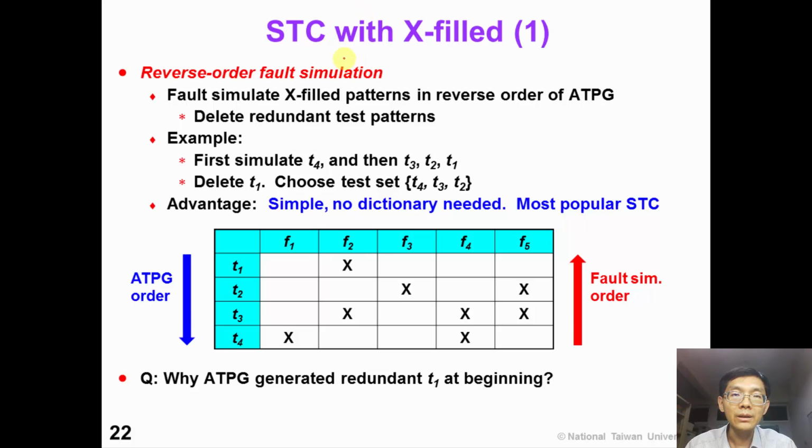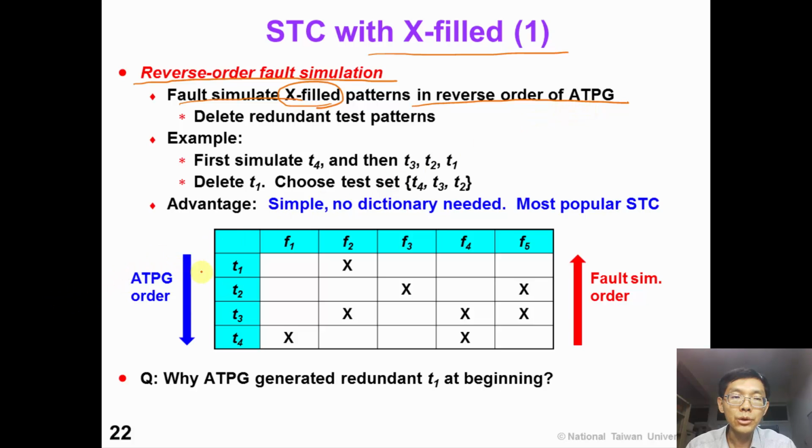If we have a set of X-filled test patterns, a very simple idea is to run reverse order fault simulation. That means we fault simulate the generated X-filled test patterns in the reverse order of ATPG.